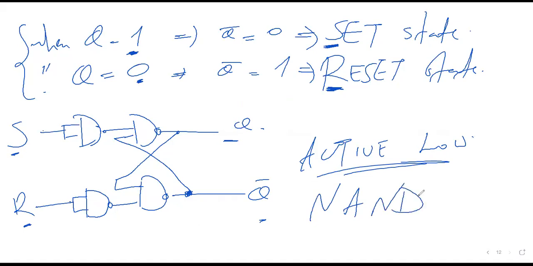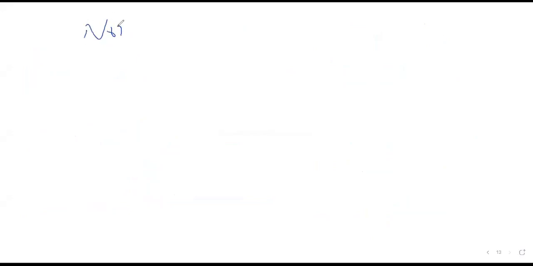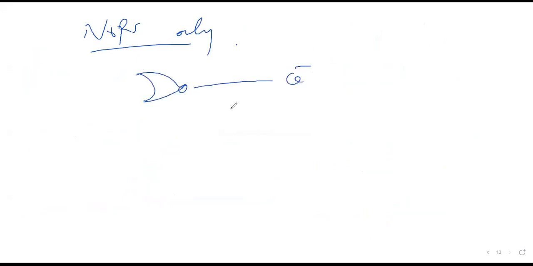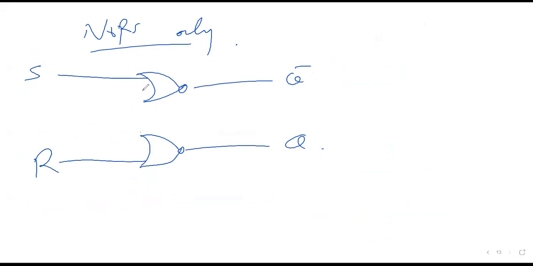NANDs only, a universal logic gate. We have another one with NORs. It looks like this with a NOR gate, output Q bar, another NOR gate, output Q. I have my S, I have my R. You can see there is feedback somewhere there.